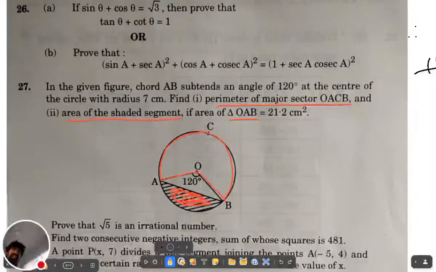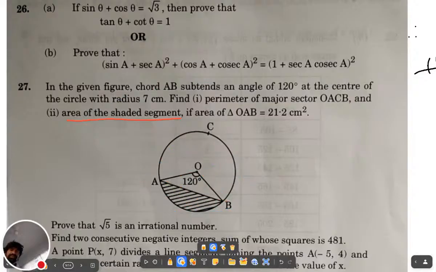If area of triangle OAB is given as 21.2 centimeters squared. So how do we get the area of shaded region? Area of shaded region will be equal to area of sector minus area of triangle.